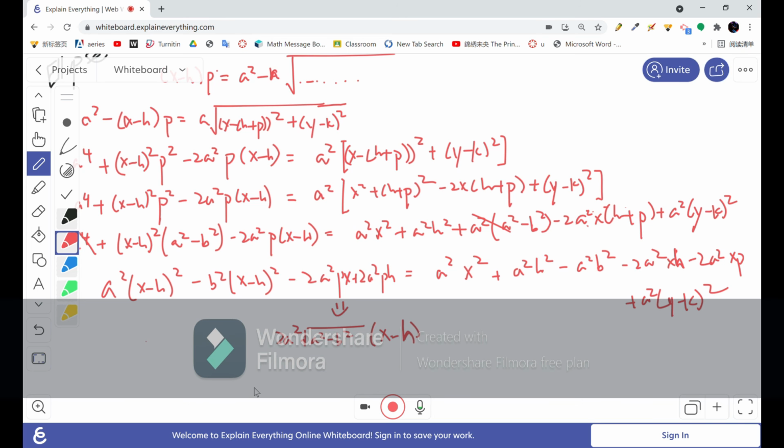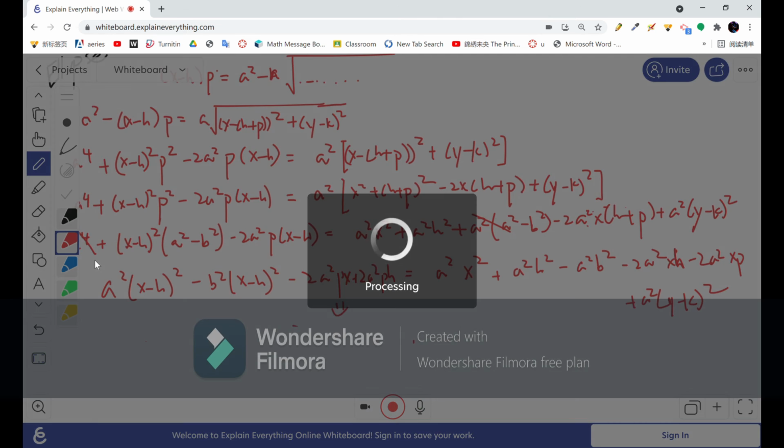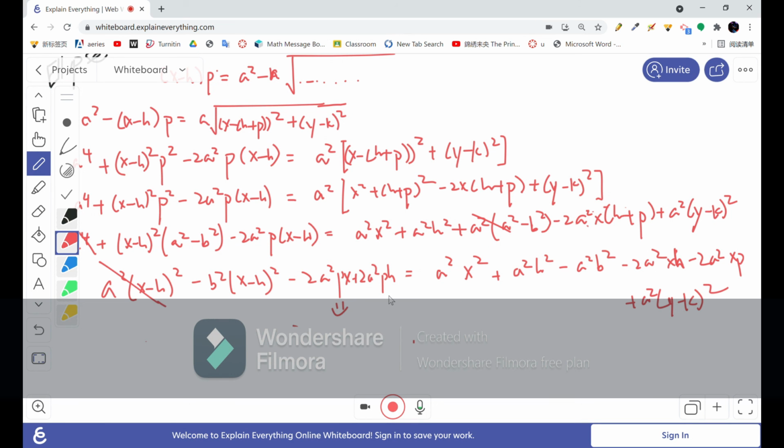By the way, I just realized something. By algebra manipulation, we can see that this entire thing cancels out with these, and these, right? Now can we see if we can cancel out any other stuff?